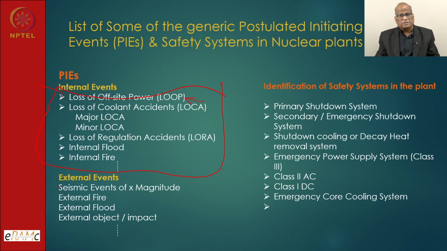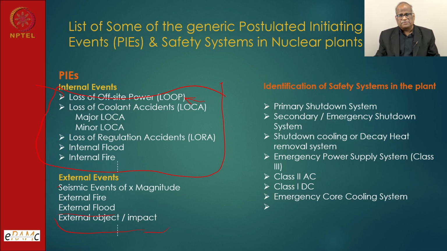We have seen the major classes of events here, and even that is not complete. So you have loss of flow accident, loss of regulation accident, internal flood, and then internal fire. And then external events, called seismic event, which is an external source that affects our plant operation, and then external fire, external flood, and external object impact, that is any impact of an object from the outside.